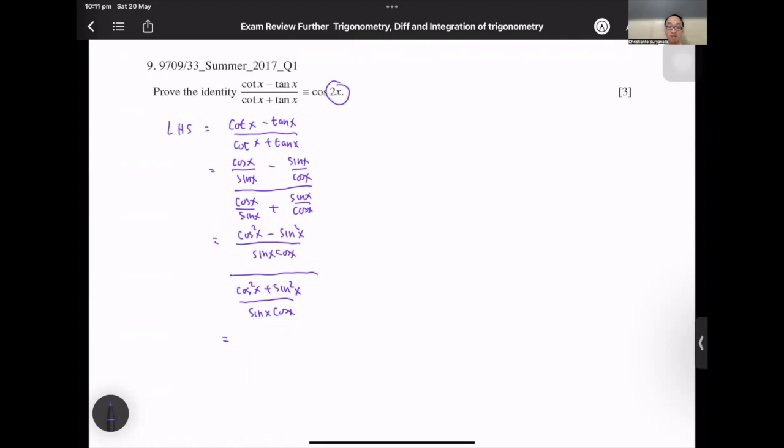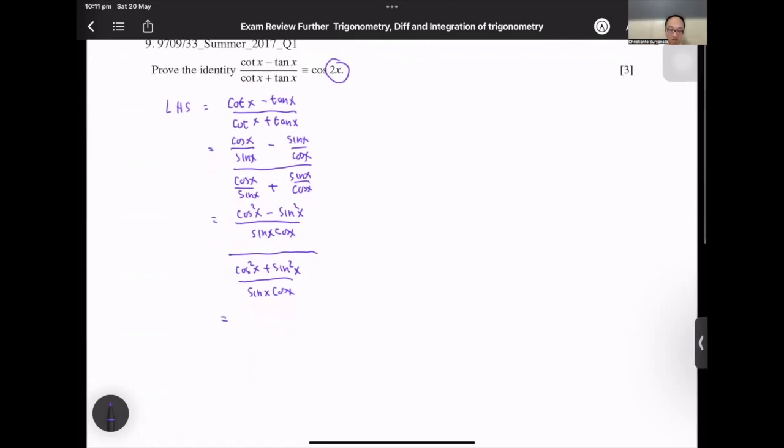Cos square x minus sine square x is cos 2x. We can cross this over, cos square x plus sine square x is equal to 1. So this equals cos 2x. Done.